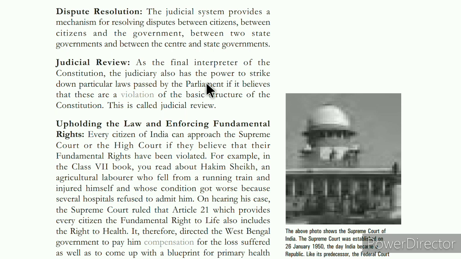If any new law or bill is passed, and the judiciary believes that it violates the basic structure of the Constitution, that it is against the Constitution, then immediately the judiciary or the court can go against it. This is called judicial review.